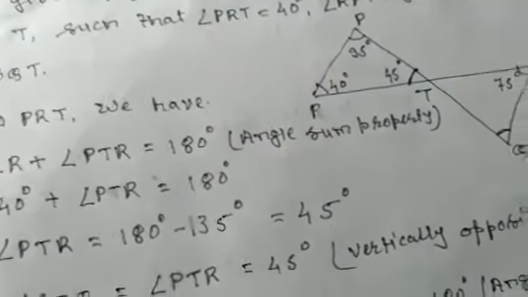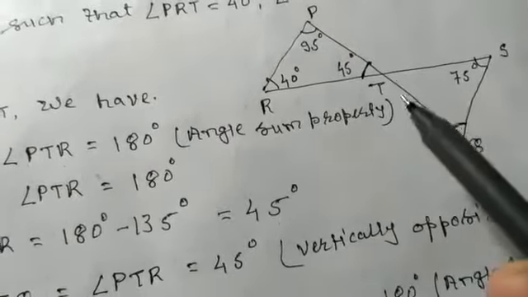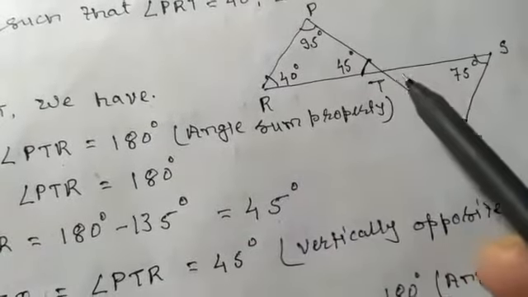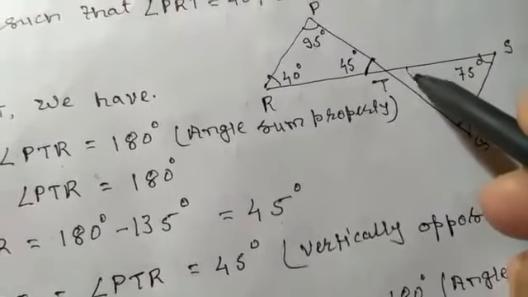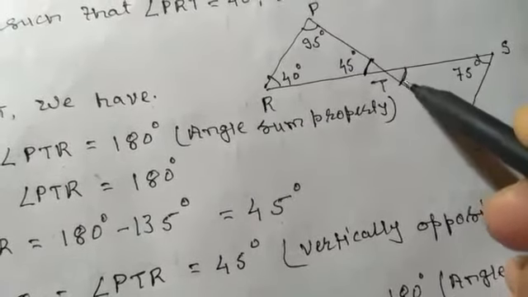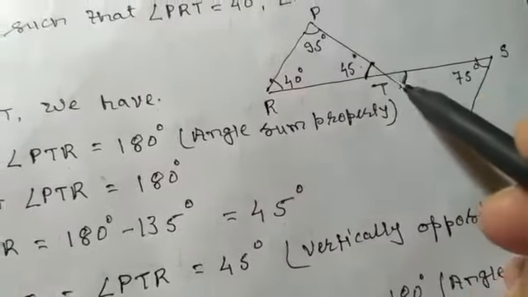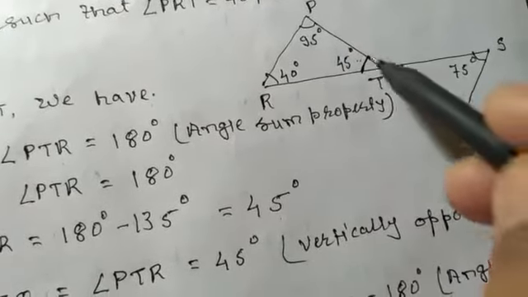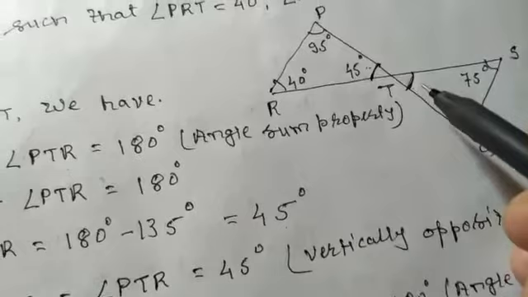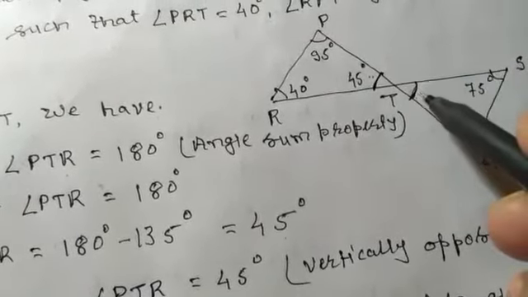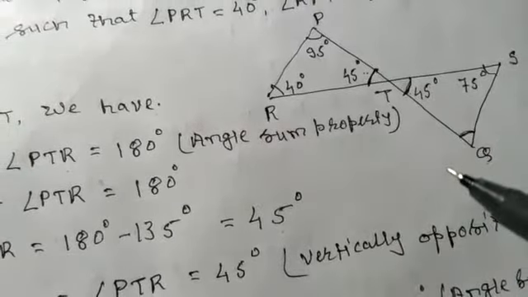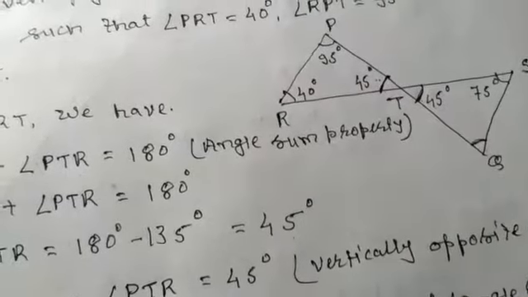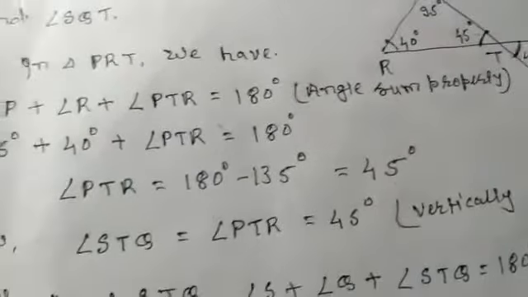Now, as you can see in the figure, angle PTR will be equal to angle STQ. This angle will be equal to this angle because of vertically opposite angles. So this angle will also be 45 degrees.